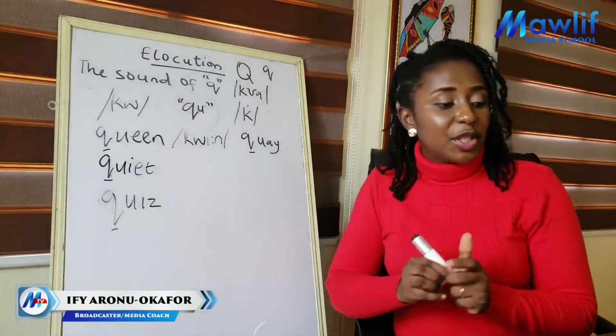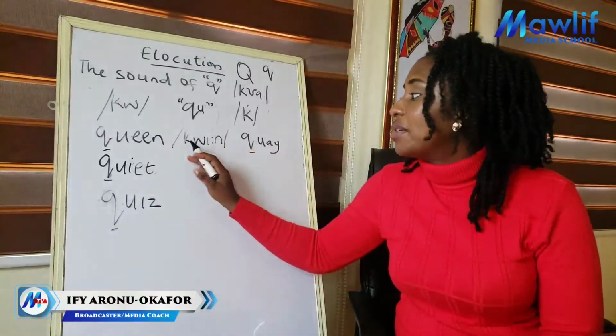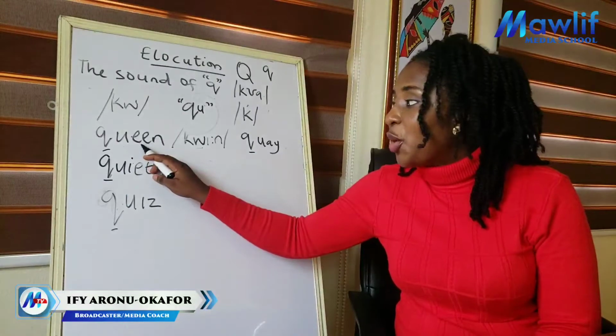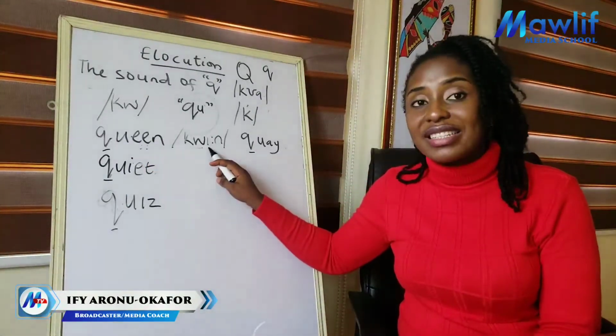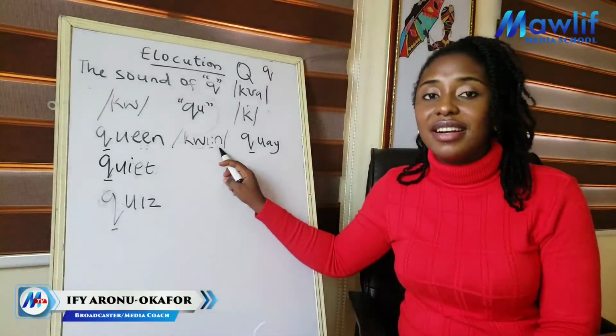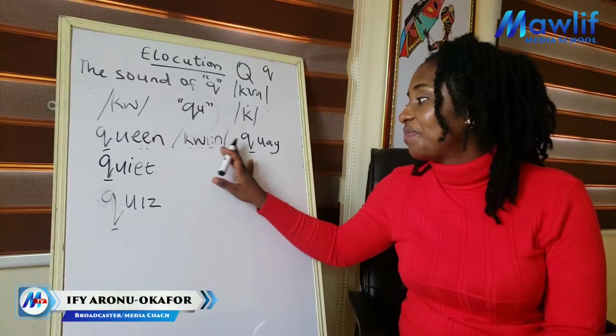Queen. Now, the sound of Q is represented by this, and then we have double E, represented by the long sound of I, which is E, and then we have queen.